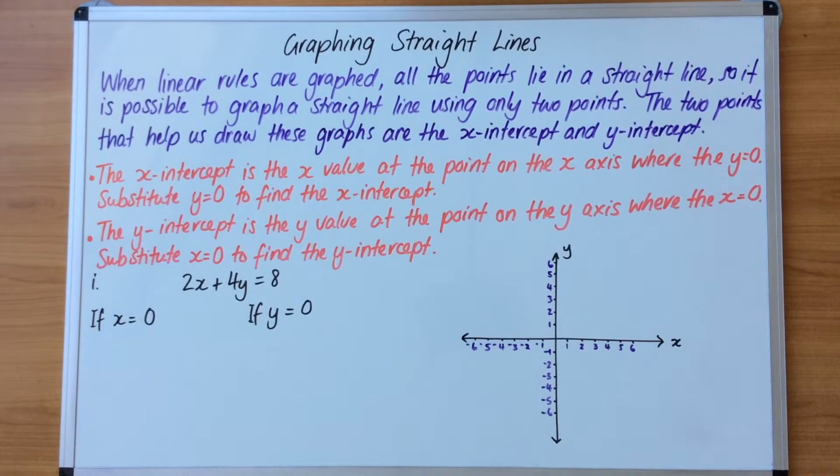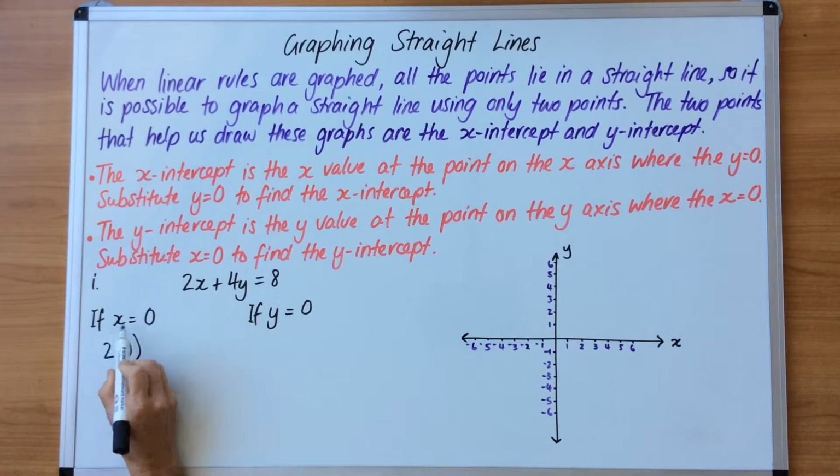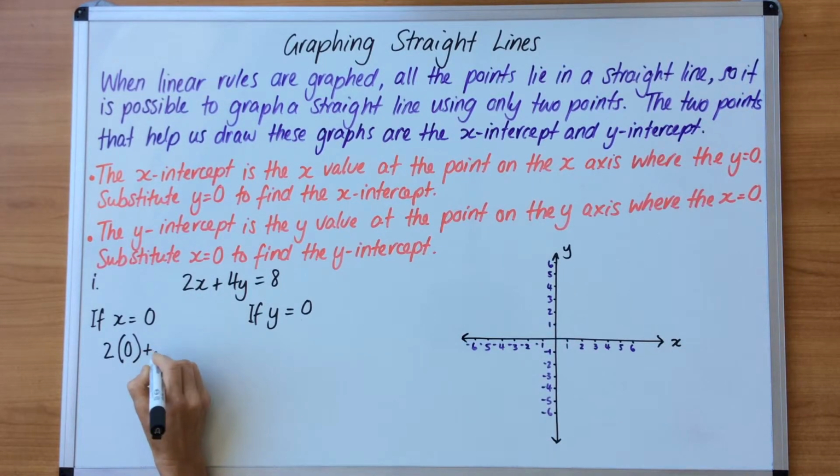So it says if x equals 0, I'm going to take this and rewrite it and make x equals 0. So I put down here 2 bracket 0 because 2 times x, so x is 0. Then I simply write out the rest of it, 4y equals 8.